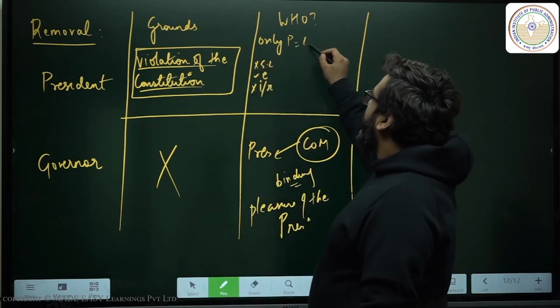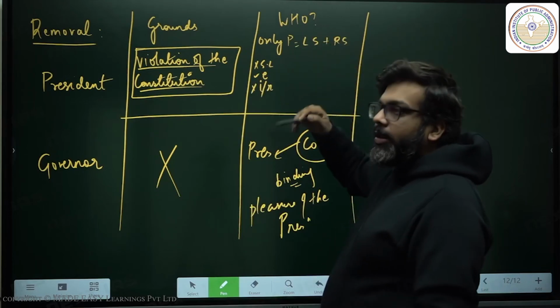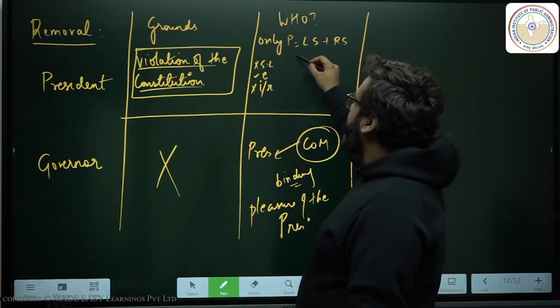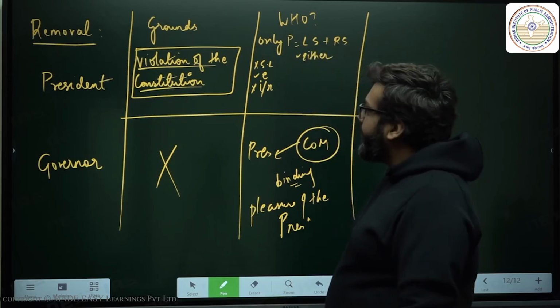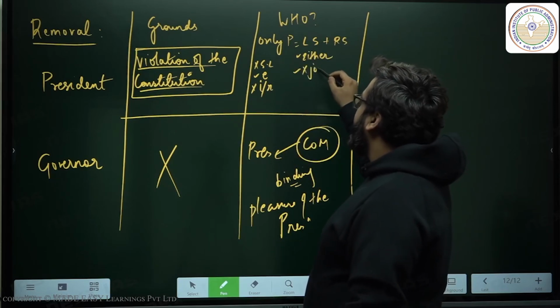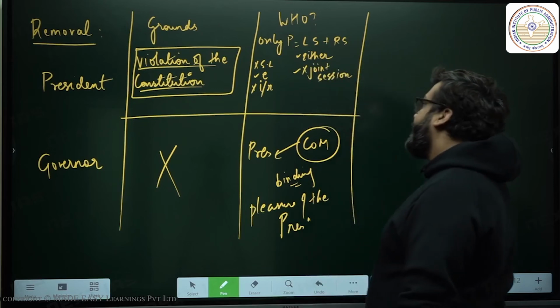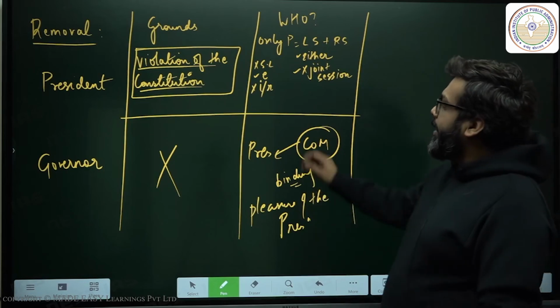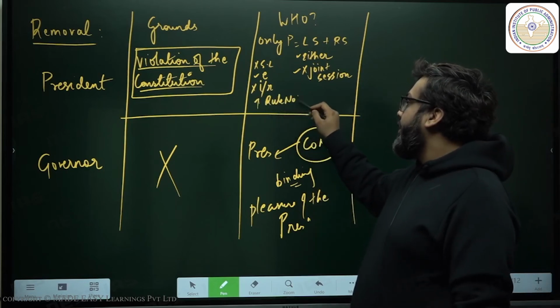Here, Lok Sabha and Rajya Sabha participate, and the motion to remove the president can be from either house of the parliament. At the same time, there cannot be any joint session. They have to sit separately and vote. Okay? Now, there is a beautiful application of rule number 2 here.